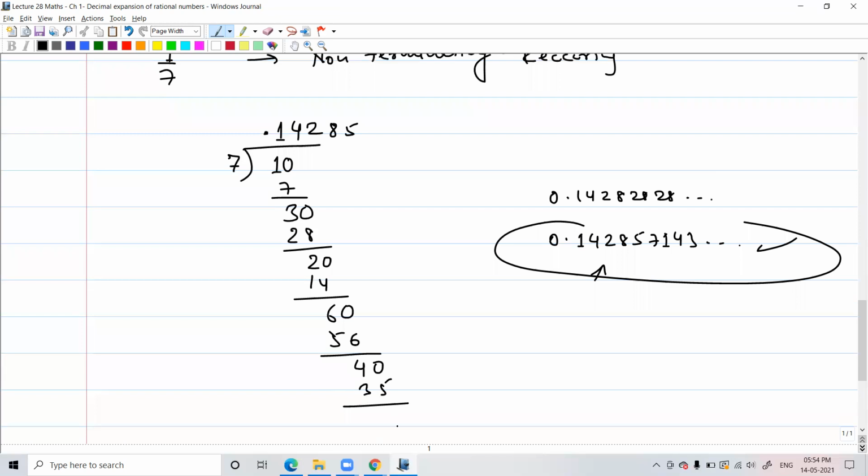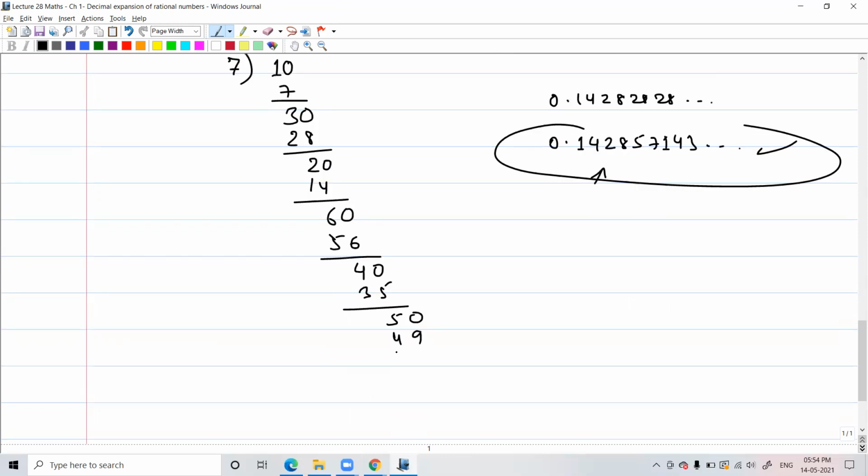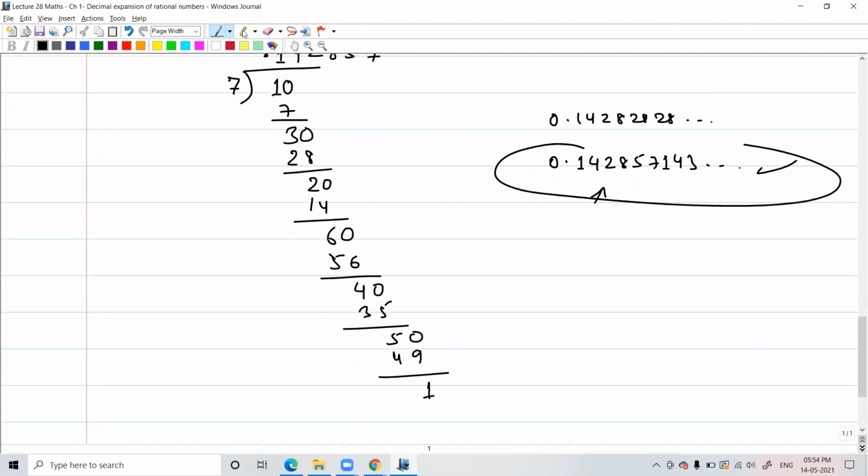There is a 5 over here. Then it becomes 50. So 7 7s are 49. And then you see you got a remainder 1. Remember, we started with 1 in the beginning. So don't you think after that it's going to repeat the same story again? Yes, sir.